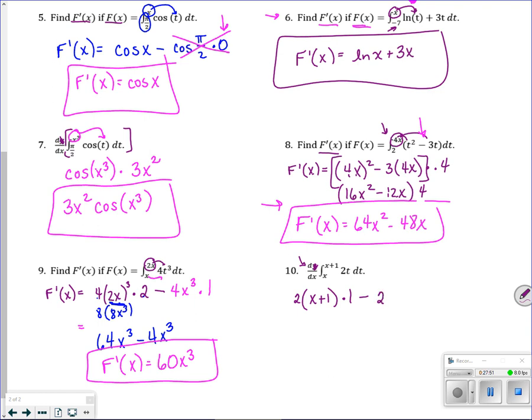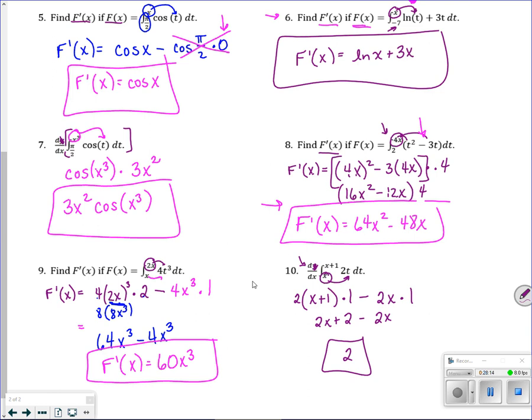Minus 2, replace with the bottom bound, times the derivative of the bottom bound. What does that give me? 2x plus 2 minus 2x. I end up getting a constant on this one, and I get the number 2. So kind of weird, but once you get it, it's not that bad.